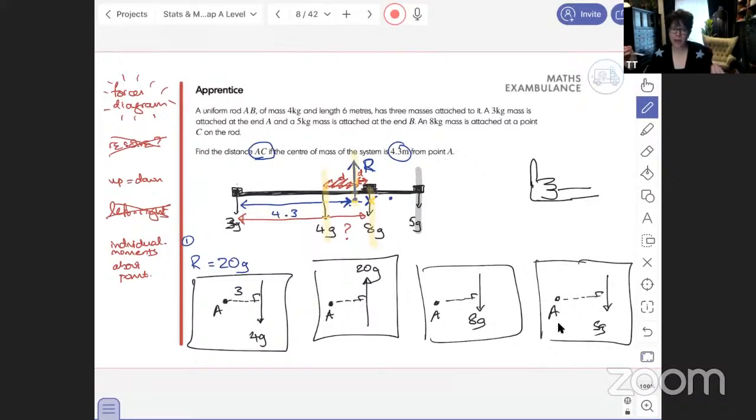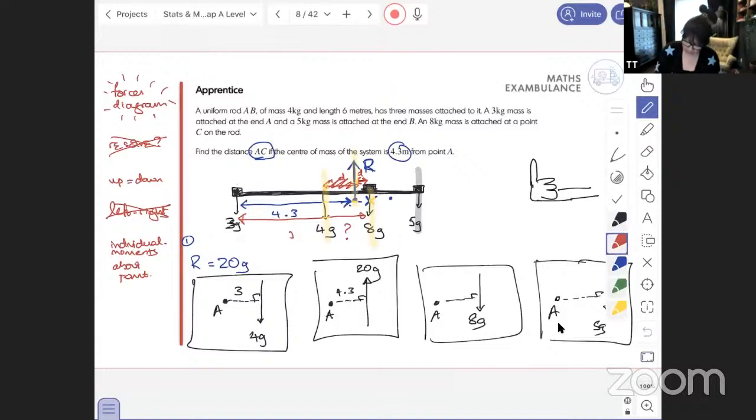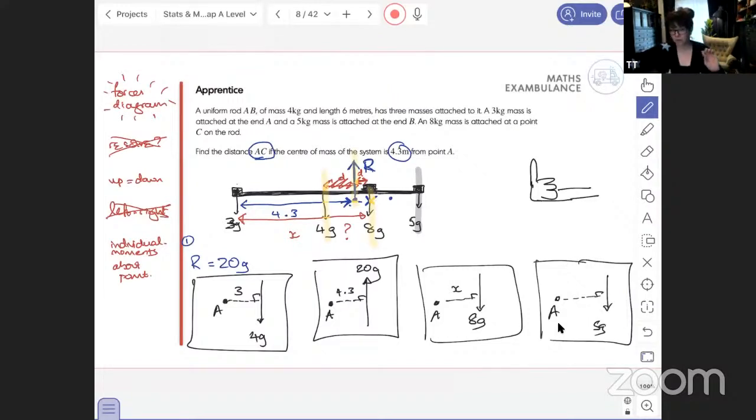Well, we know that from A to the center of mass is 4.3. What about from A across to the 8G? Well, that's what we don't know. I'm calling it 4.3 plus D, or we could just call it X. Let's say that's X. That's what we're trying to find. A to the 5G, that's all the way across the 6 meters, so that's 6.